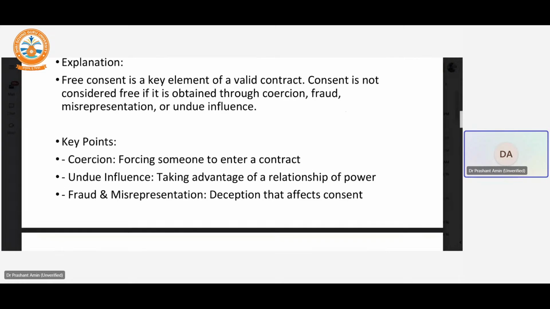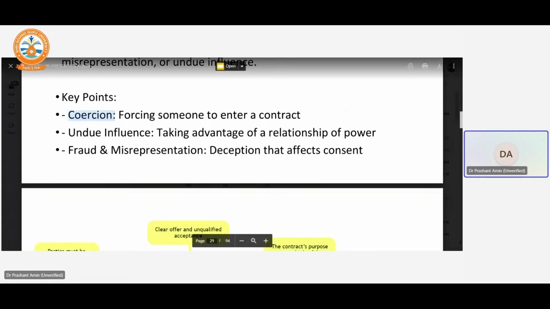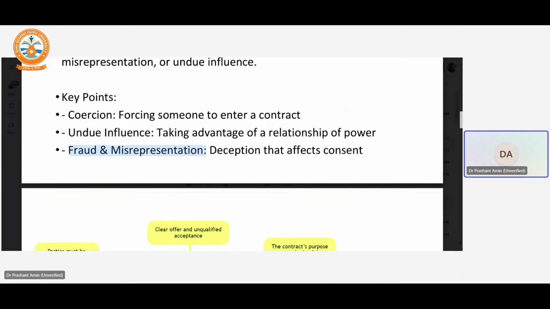Free consent means the absence of undue influence. These are the important terminologies: coercion, undue influence, and fraud and misrepresentation. If you look at the third term, fraud and misrepresentation, it attracts criminal penalties or criminal punishments for the parties.